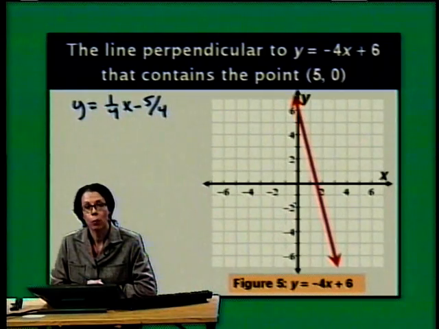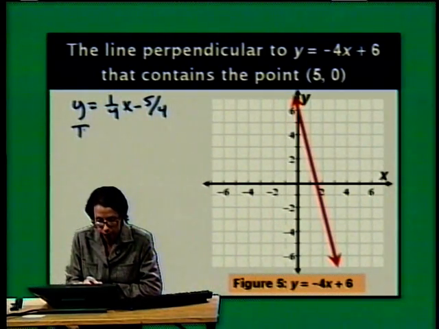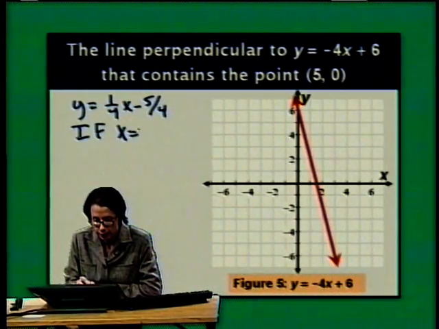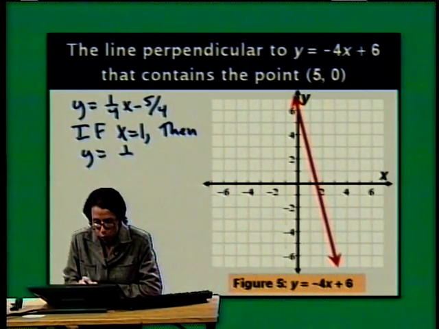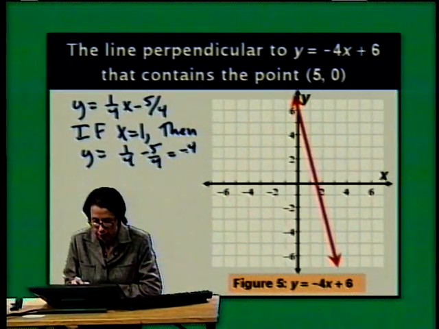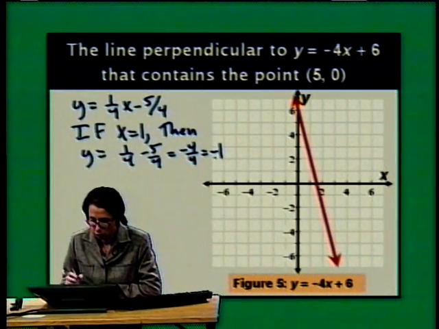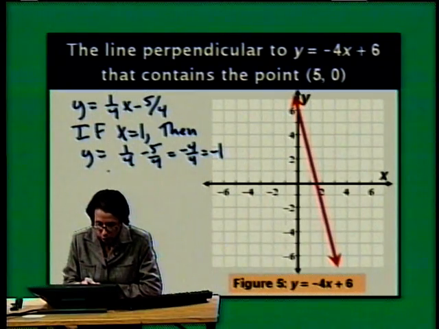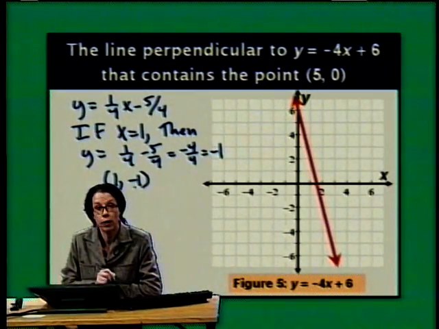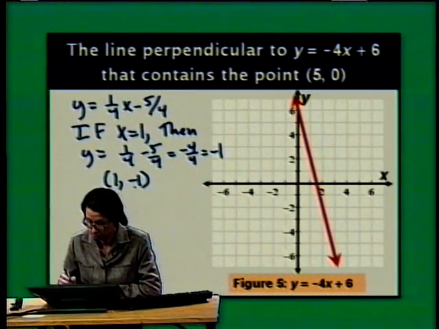For example, what happens if x equals 1? If x equals 1, then y equals 1/4 minus 5/4, which is -4/4, which is -1. So the point (1, -1) is on my line.